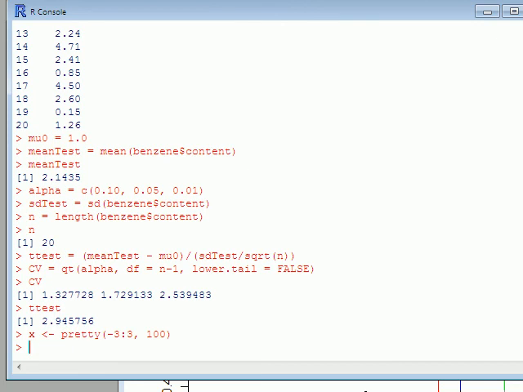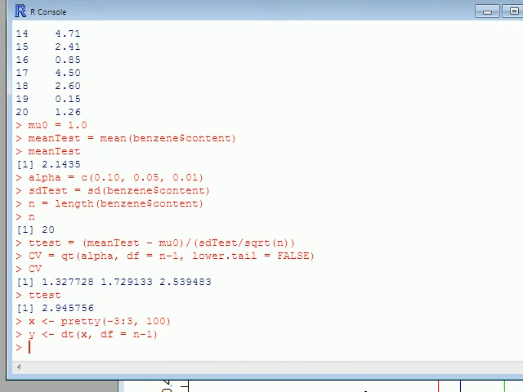Now I need the y values, and I want to draw the t distribution, so I use dt along those x values, and again I have to specify the degrees of freedom as n minus 1, or I could put 19 either way. Okay, and let's plot that. So I'm plotting x versus y, and I want the type to be a line.